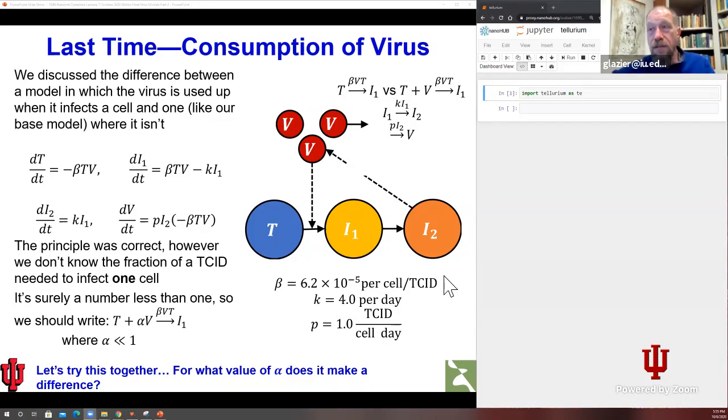The case we did was alpha equals 1, where it takes 1 unit of one TCID to infect 1 cell. And it would be rather interesting, and in principle something one could do if you had good experimental data, to get a conversion between the actual number of viruses needed to infect 1 cell and the TCID unit by doing this fit.